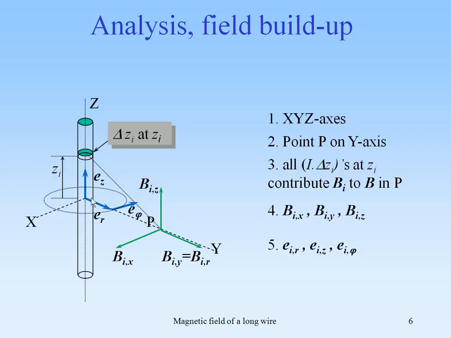Here we have the r, phi and z coordinates, and we will have the B coordinates here: Bx, By and Bz, and Bx is minus B phi.